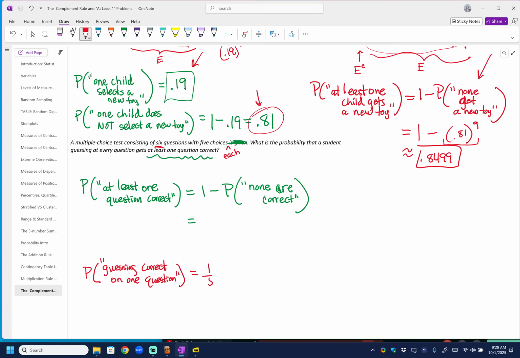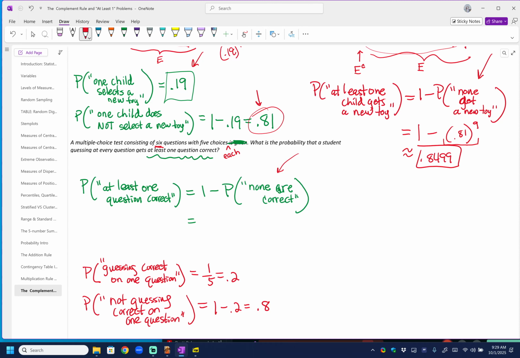But remember here, this implies that none of them are going to be correct. So we don't want guessing correct, we want not guessing correct. Therefore, we're looking for the probability of not guessing correct on one question. This of course is going to be our complement rule. Our complement rule is going to tell us that 1 minus 0.2 is 0.8, which means that there's an 80% chance you're going to get any one question wrong.